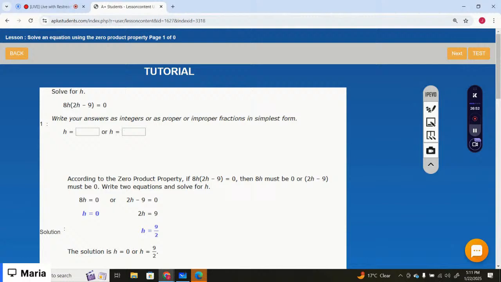Solve for h. 8h times 2h minus 9 equals 0. So 8h equals 0, so 2h minus 9 equals 0. So h equals 0 and h equals 9 by 2.